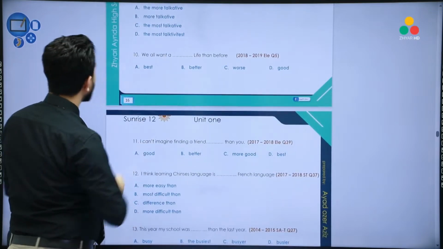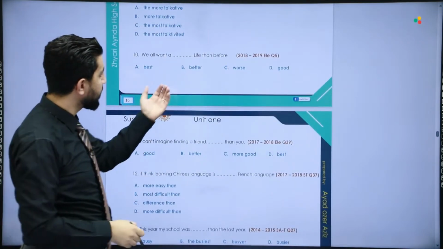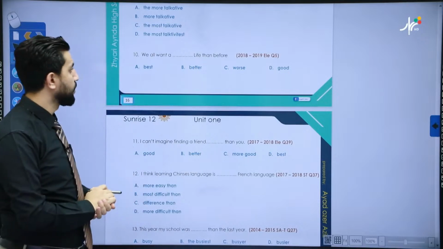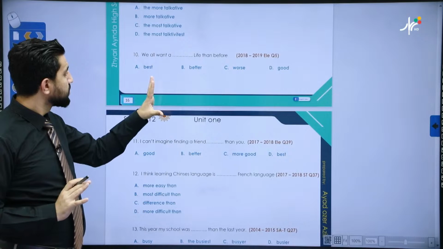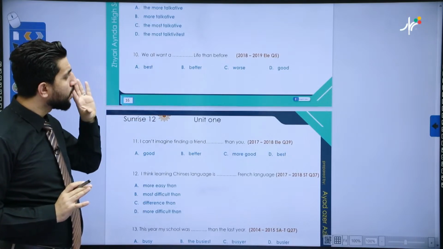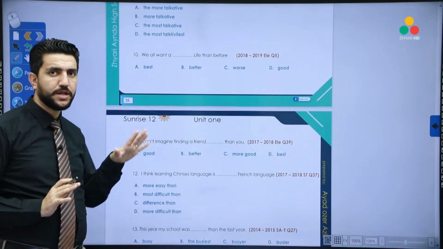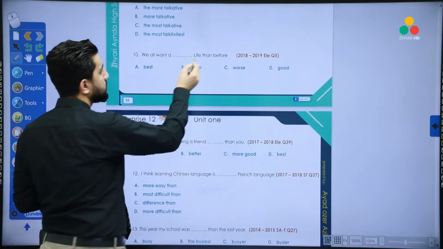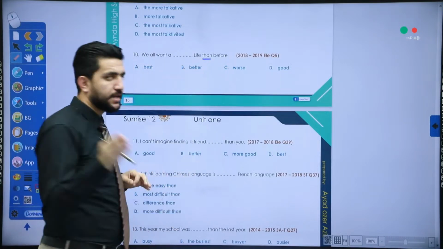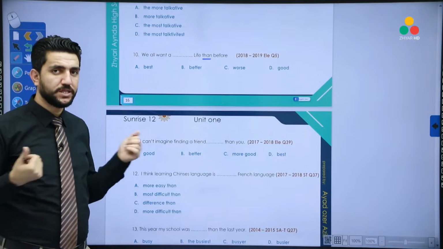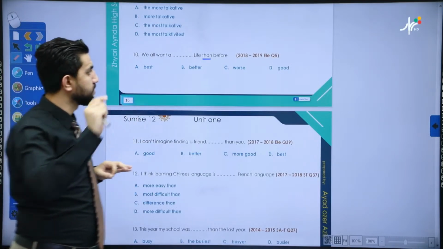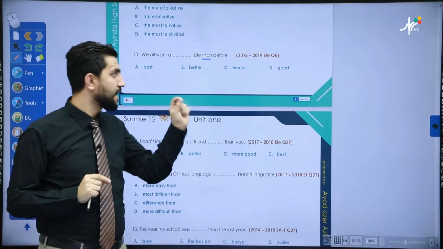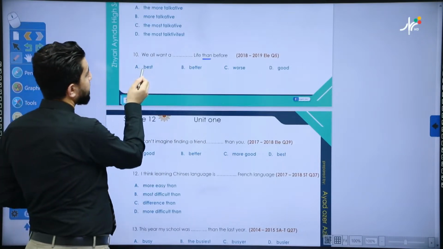Number 10, we all want a live than before. Which one do you think is correct? We said you can first check if there's than, a lot, better, those kind of words. So than is here. Than is superlative, right? No, come on. Than is not superlative. Than is comparative. Superlative is the. Do we say best than?